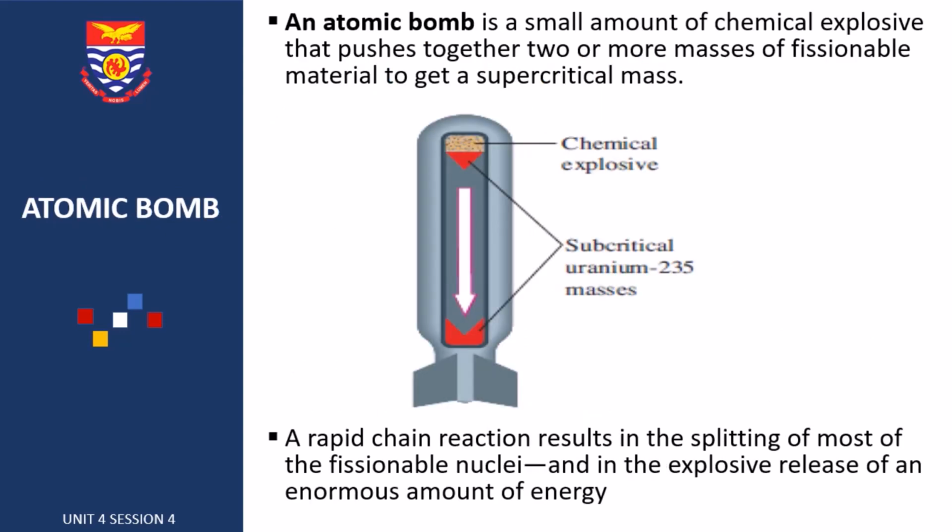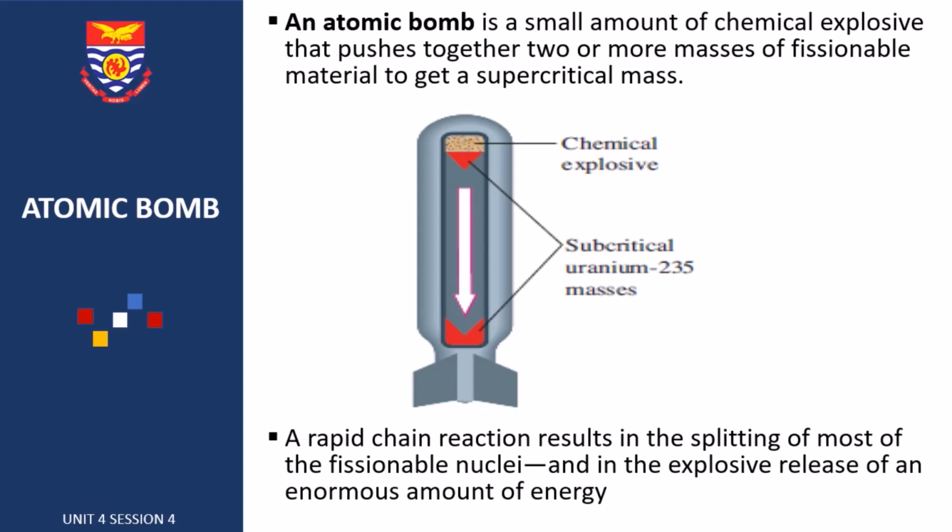Let us look at the atomic bomb. The atomic bomb uses a small chemical explosion, and this pushes together two or more masses of fissionable materials to get a supercritical mass.